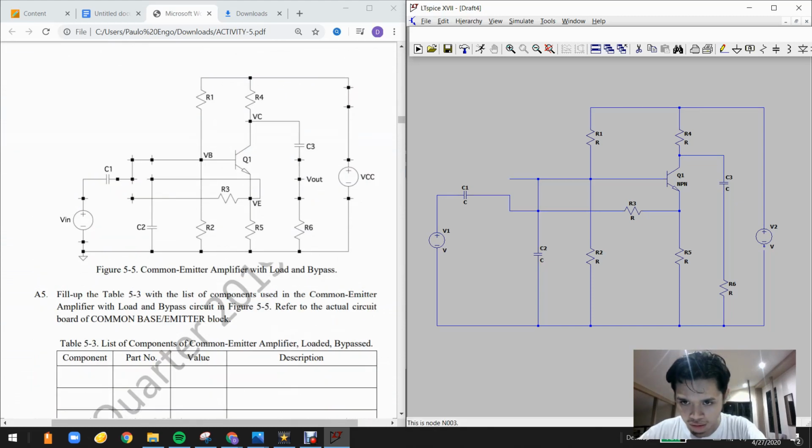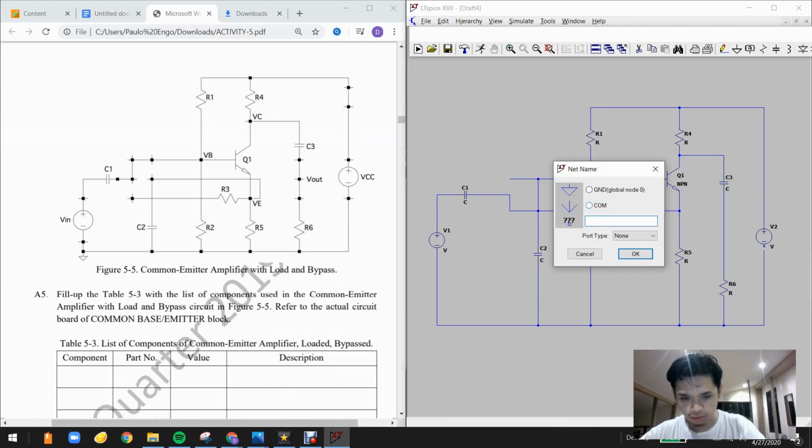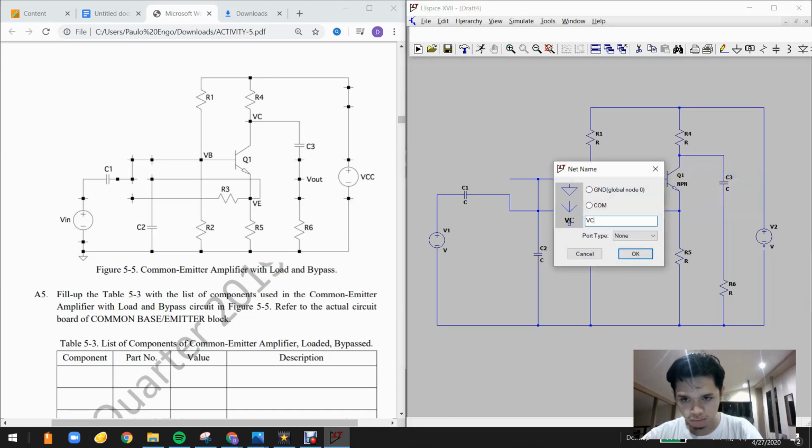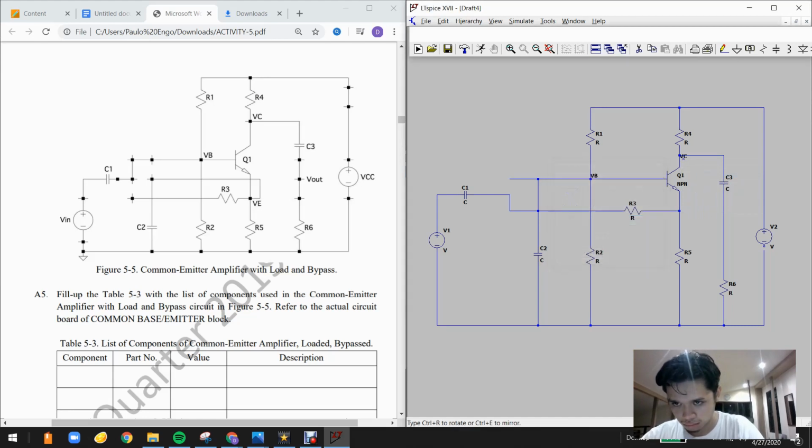This is where VB is. VB. This is where VC is. And this is where VE is.